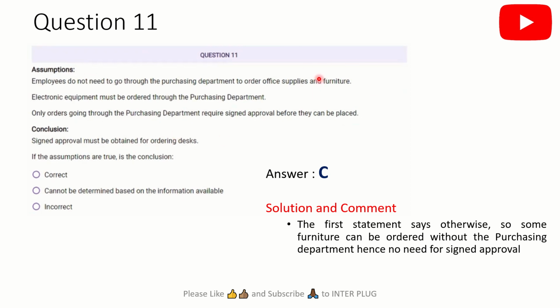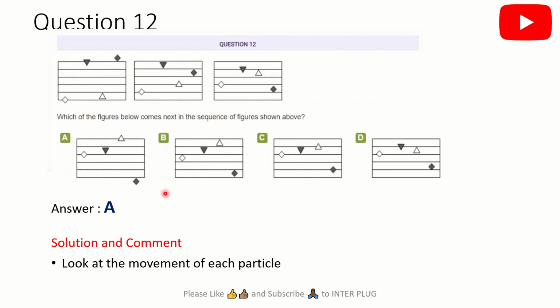So the answer is incorrect. It's C. Right? I mean, all the info we have here is enough to say it's not true. The signed approval must not be obtained for ordering this. But mind you, if it was said signed approval, no, let me not stretch the question. Let's just move on.